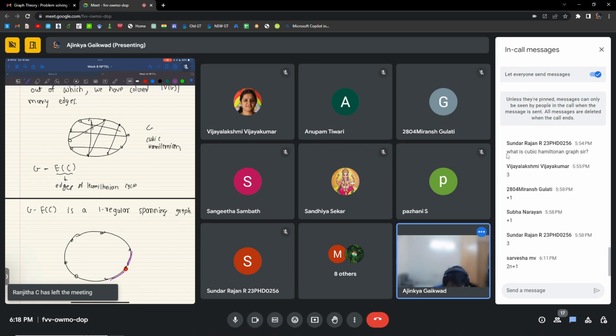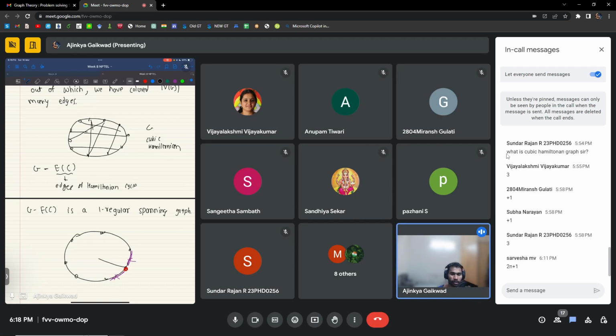Because every vertex had degree 3 in my graph G, and I'm removing exactly 2 degrees from every vertex because I'm deleting these two edges. So this vertex must have only 1 degree left, which could be adjacent to anything, but I don't care about that. So this is a one-regular graph, right?